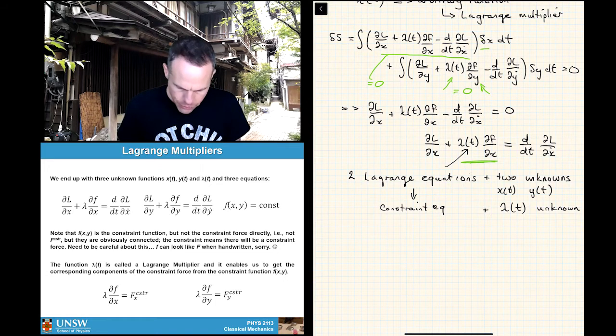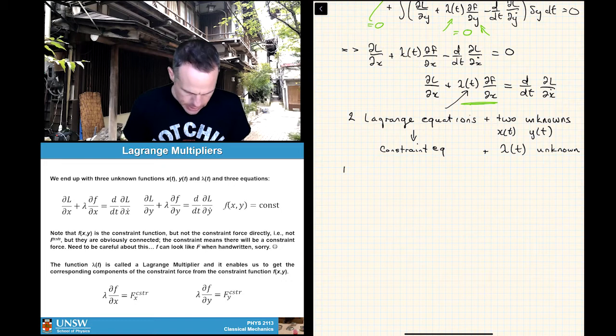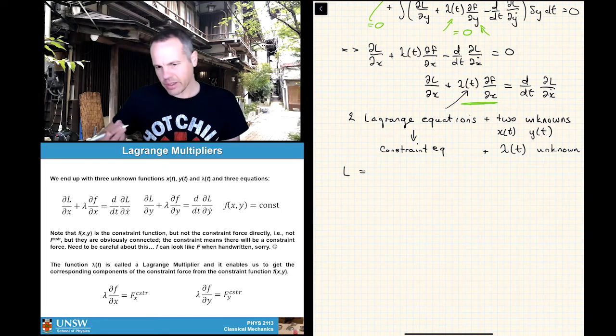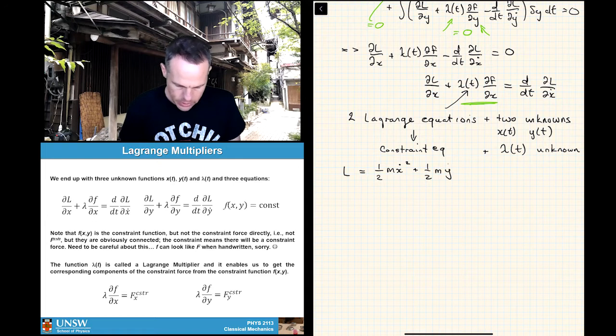All right, so let's see if we can put some meaning to this thing for a moment. Let's take a Lagrangian, and we'll treat it as a generic Lagrangian for a moment. So it'd be something like a half m x dot squared plus a half m y dot squared minus U of x and y.